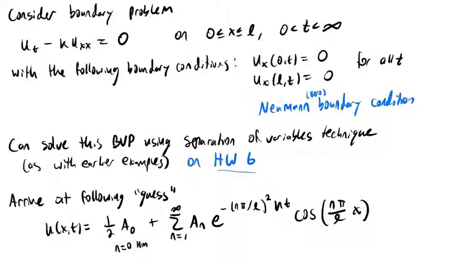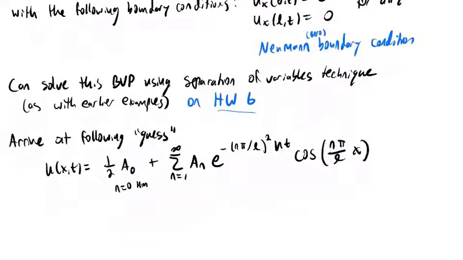And so in particular, my solution when x is 0 may not be 0, and so I need some other number here, potentially. In fact, you can think of this as a0 times the cosine of 0 pi over Lx, because cosine of 0 is 1.